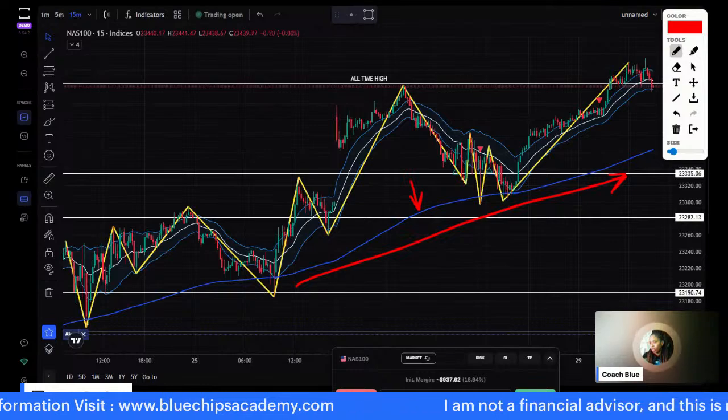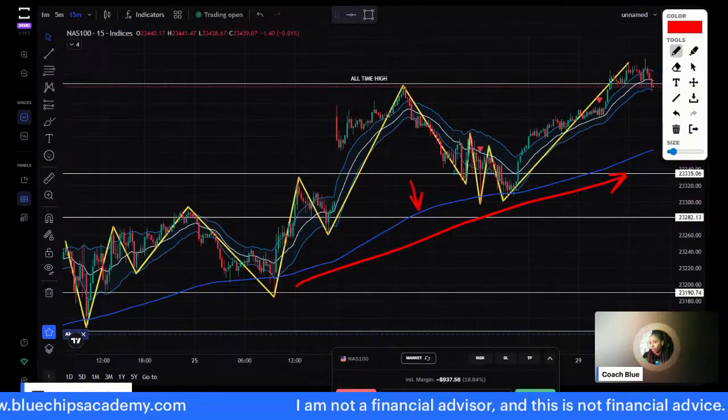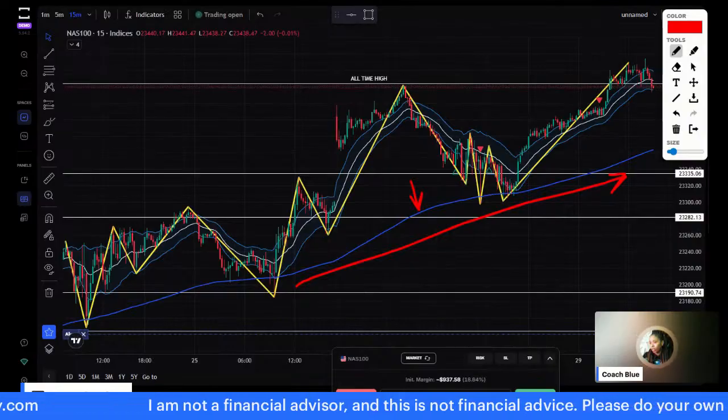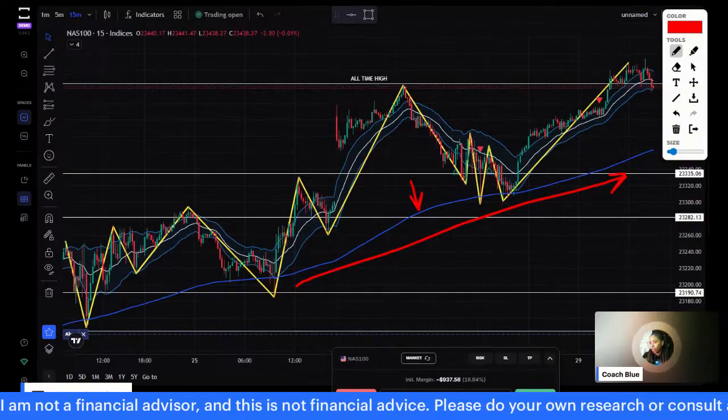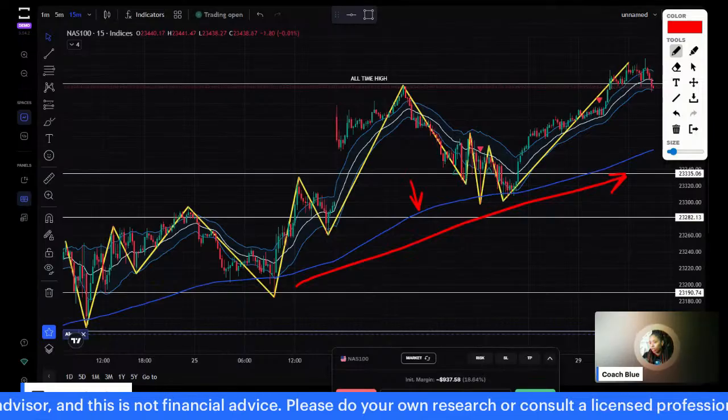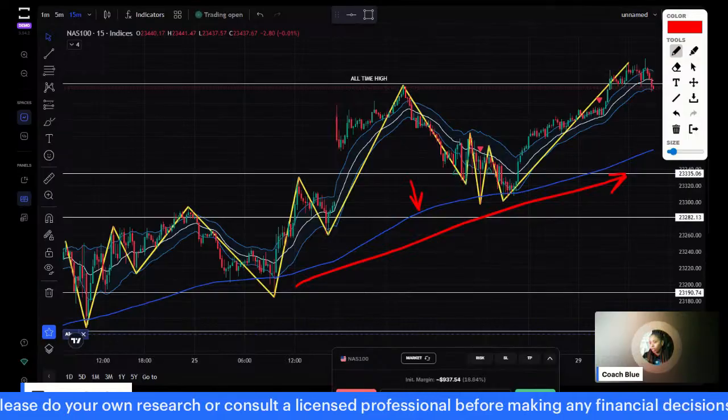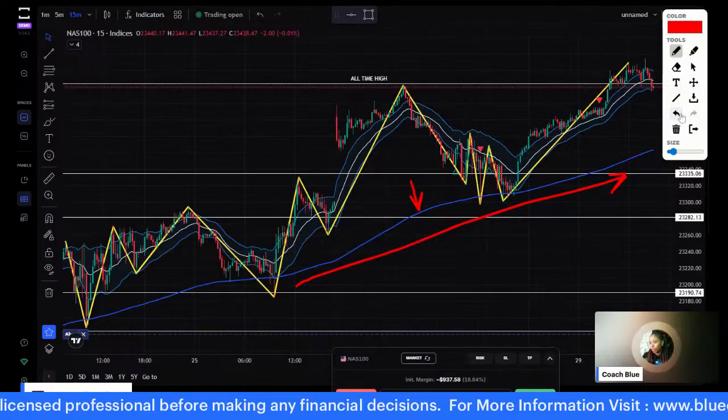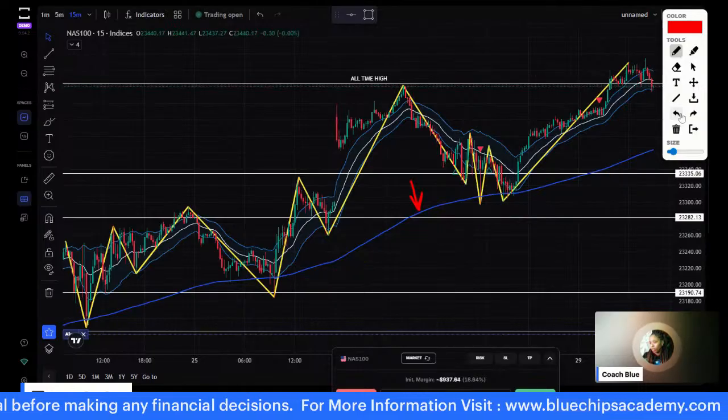I should not even be considering sales right now. The 200 is your GPS. It shows you where the market is trying to go. So now that we know the direction, we have our directional bias.